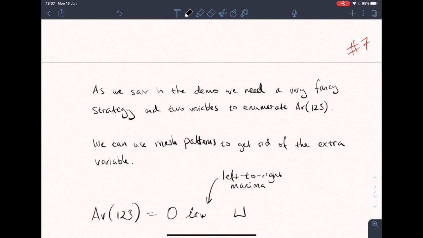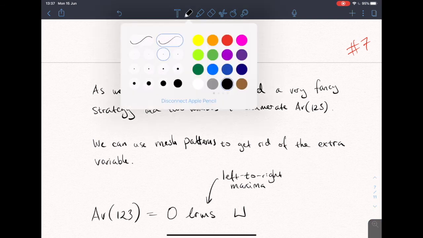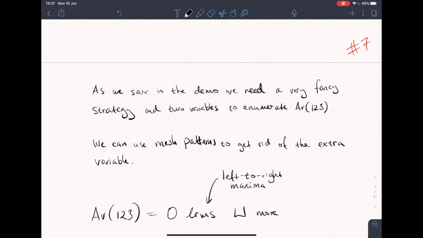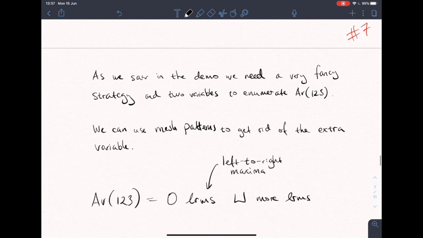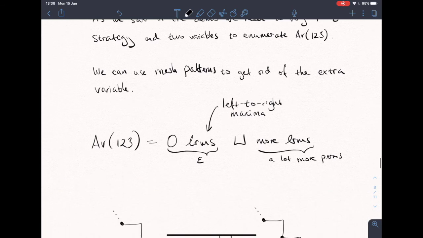First half will have 0 left to right maxima, and the other will have more left to right maxima. Of course, there's not much going on here, there's just the empty permutation. On this side, there's a lot more perms.